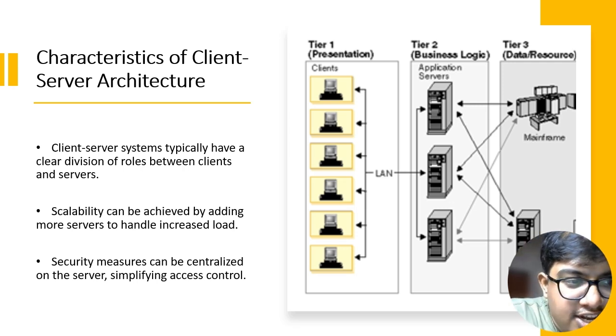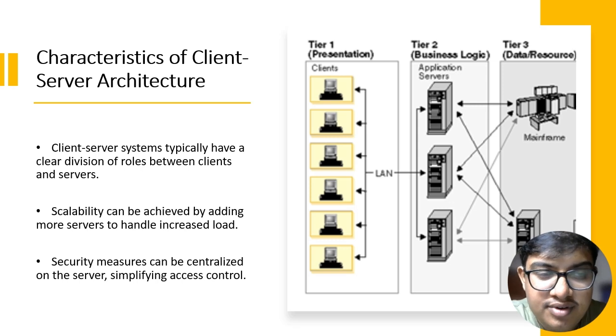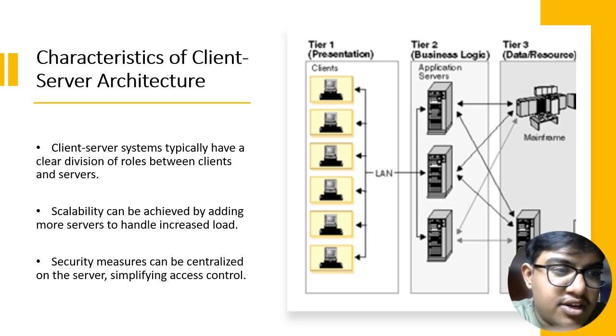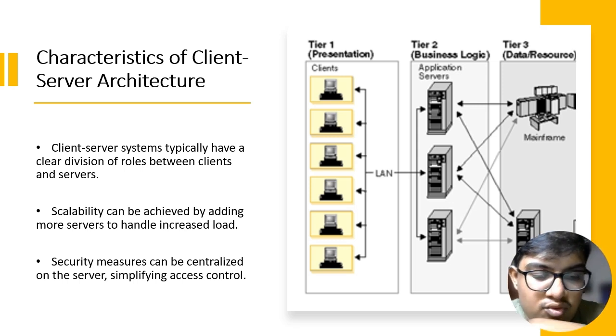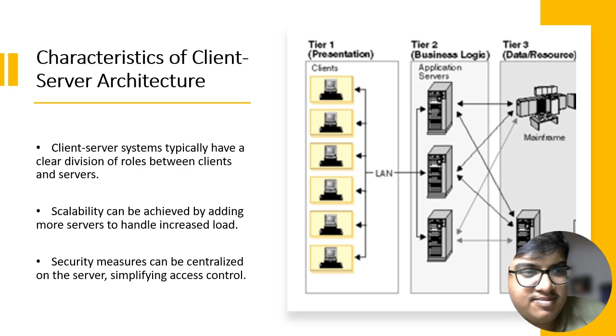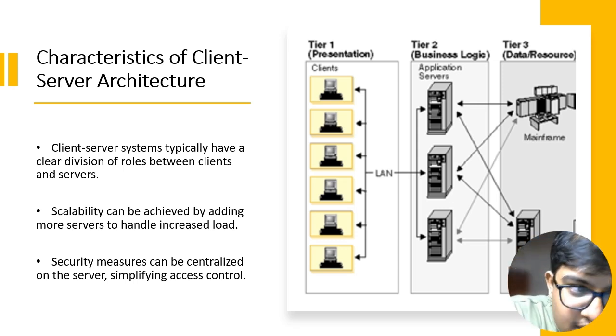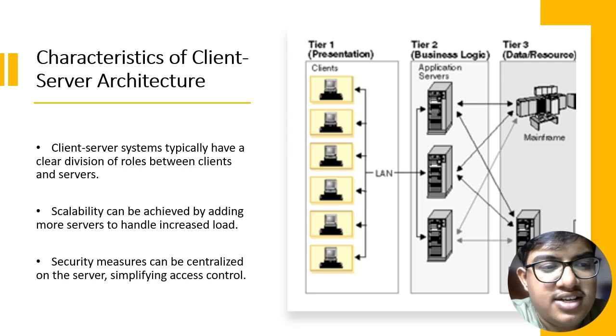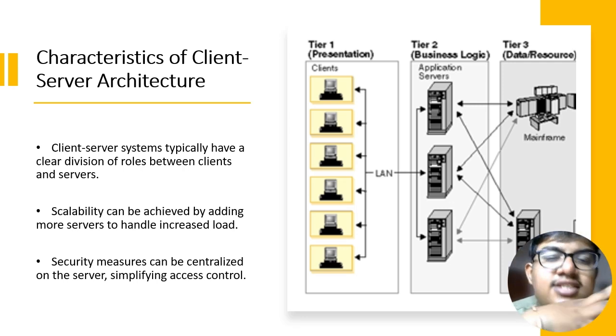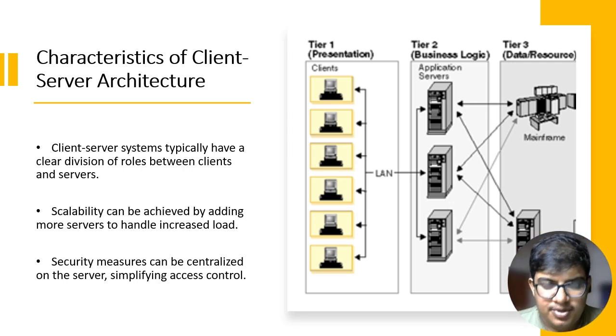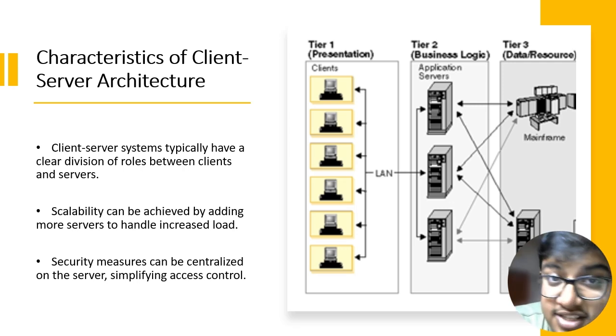Scalability can be achieved more if it is worked on at the servers. The client's scalability doesn't matter over here, since all of the processing is done by the server. Scalability can be achieved by adding more servers to handle the increased load. When you have multiple clients coming through, by increasing the number of servers, you will be able to control the amount of load.